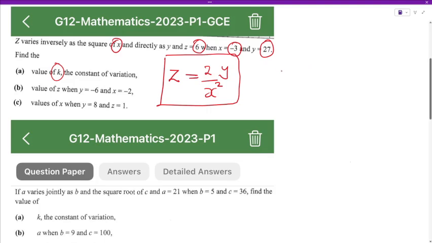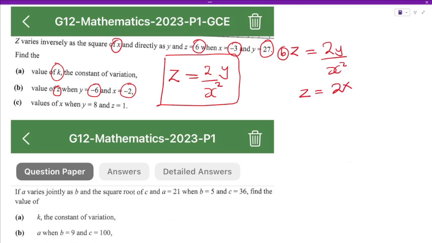So we're asked to find the value of z when y is equal to negative 6 and x is equal to negative 2. So that's going to be z is equal to 2y over x squared. So I'm trying to find the value of z. So I say z is equal to 2 times, what is y? Y is given as negative 6.